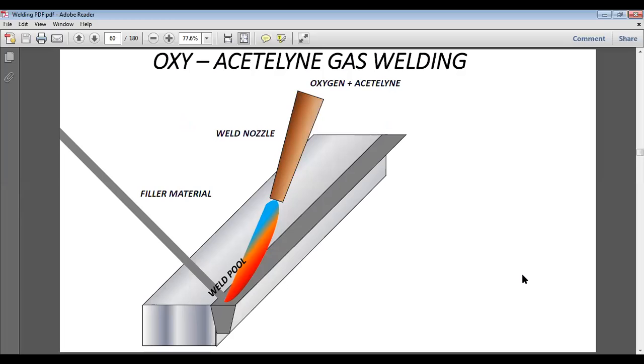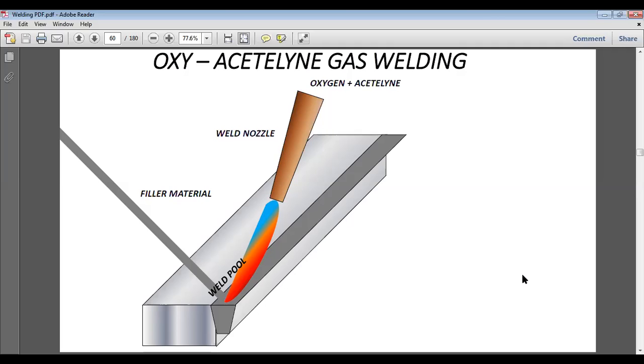As we know, oxygen is important for all types of burning. So all these burning gases are combined with oxygen and air, because only in the presence of oxygen can we burn any fuel. So oxygen is quite a necessity, and another necessity is air.